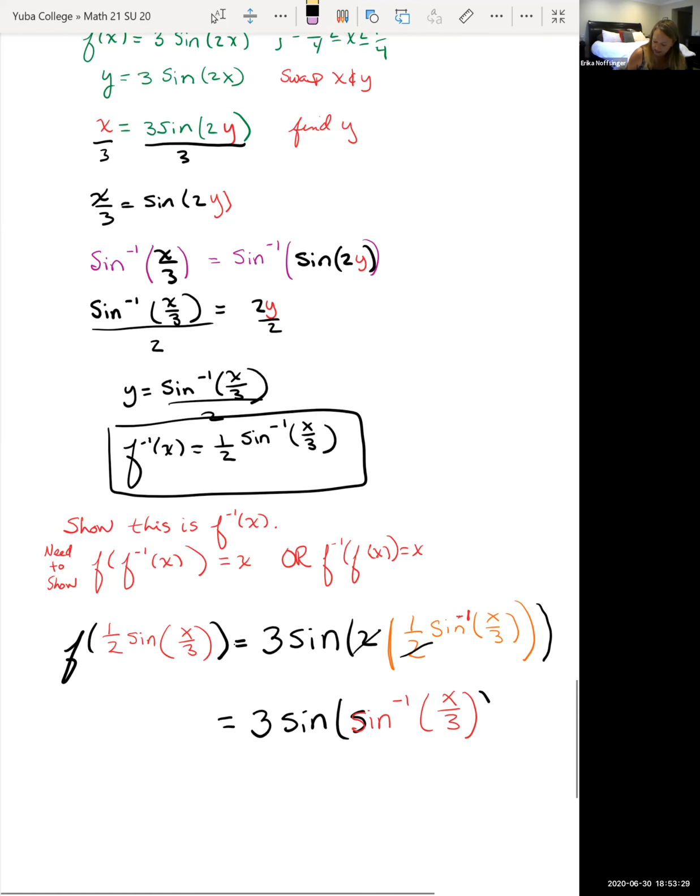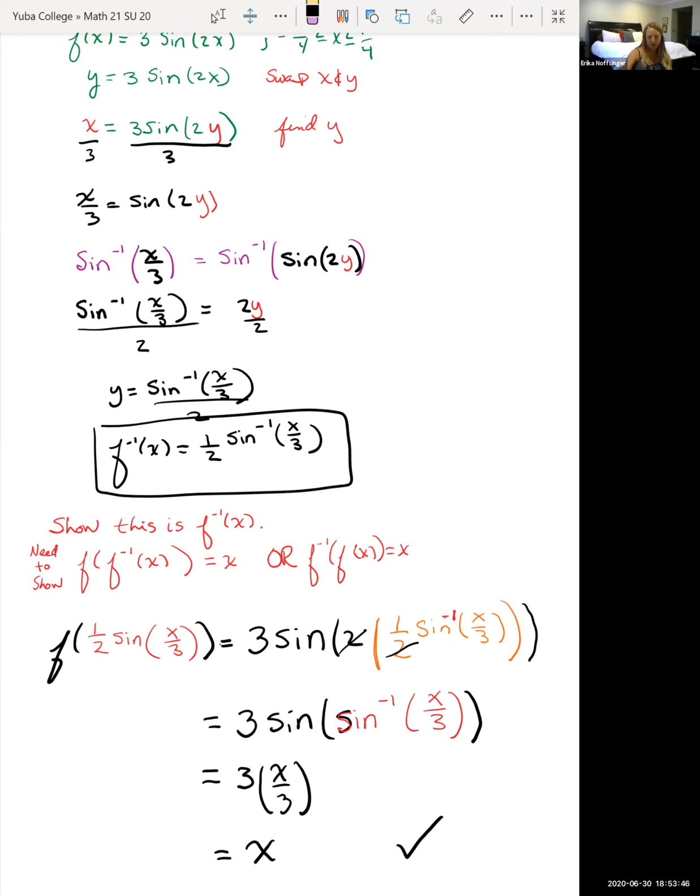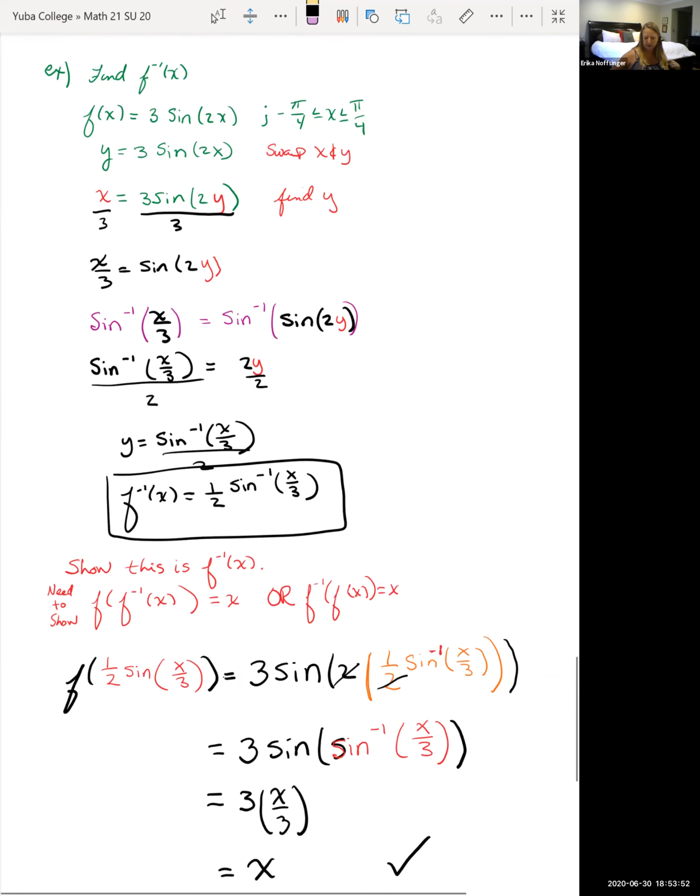Sine of sine inverse cancels each other out, leaving us with an argument. So this is 3 times just x over 3. The 3's cancel, leaving you with x. So we showed that what we found does work. It is the inverse by definition.